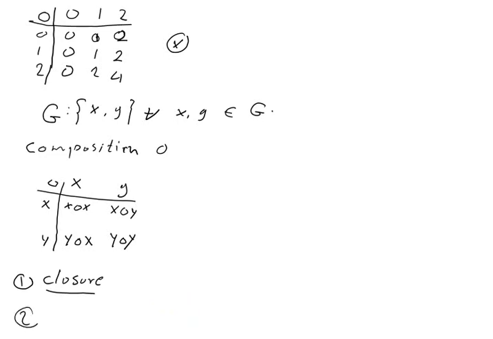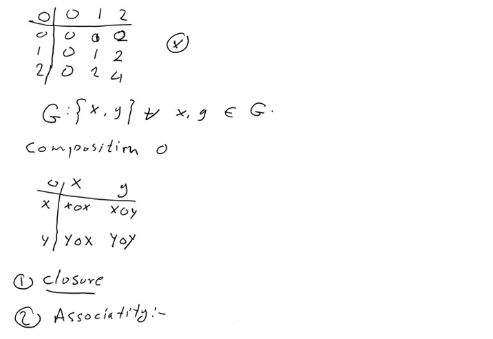Number two, associativity. Associativity is very difficult, because we must understand how to compose any two elements like x and y, and how to compose three elements.